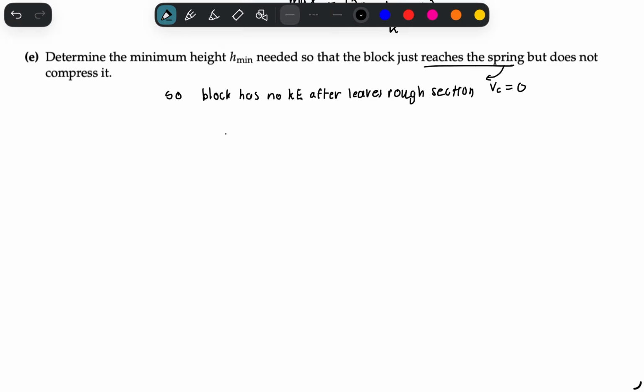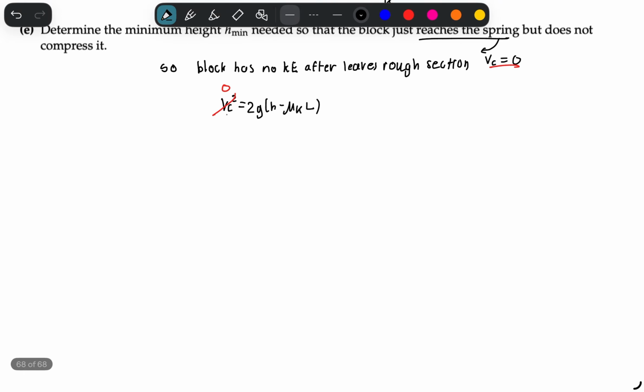So you have VC squared is equal to 2g times (h minus mu k L). If we set VC equal to 0, you get 0 is equal to that whole thing.